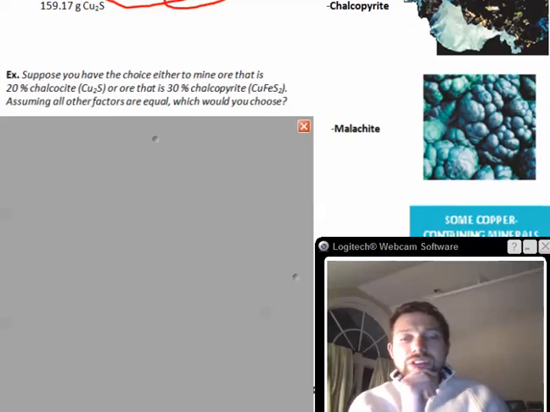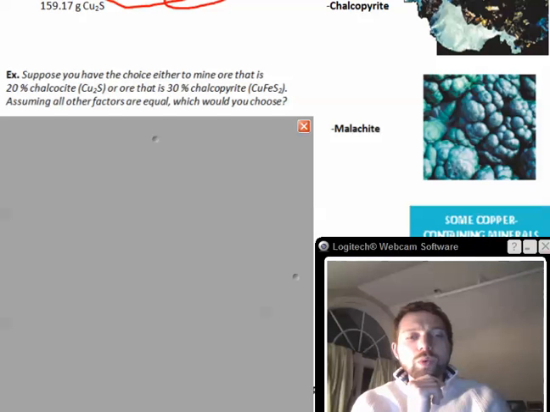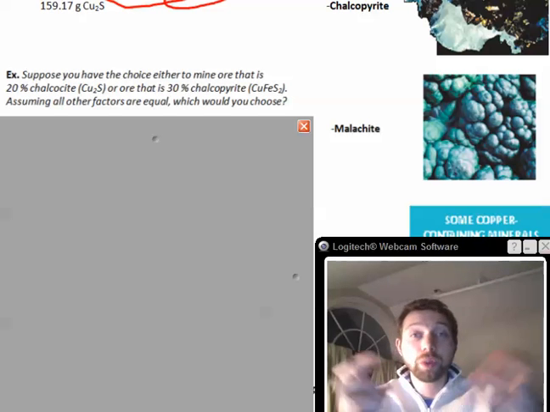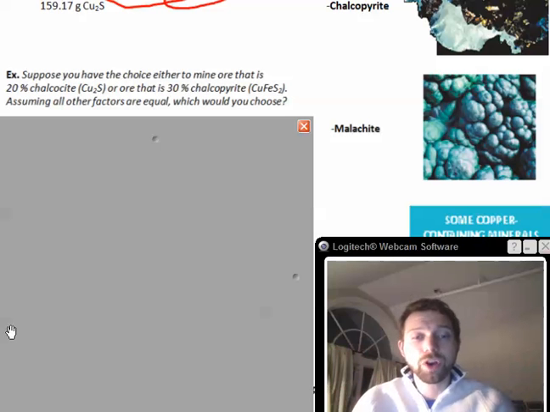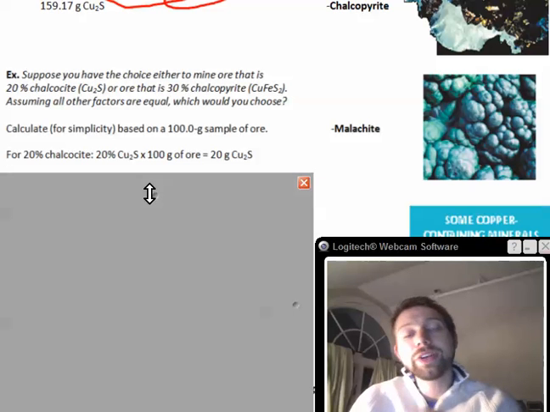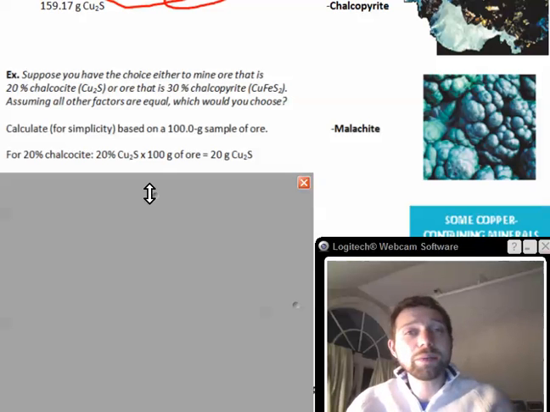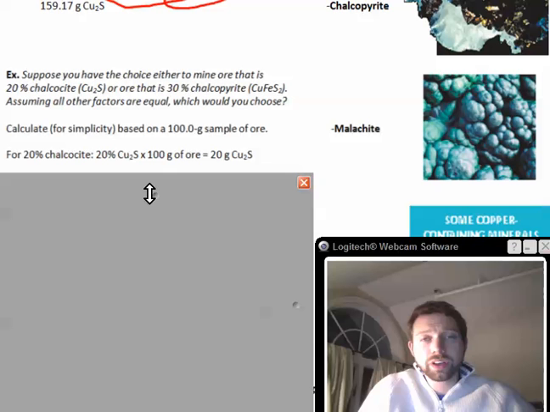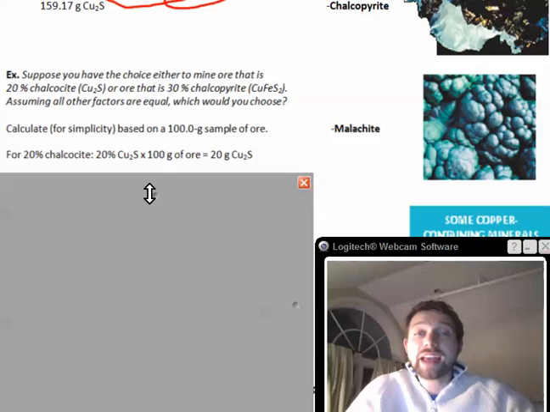Okay? Well, what this is asking you is really how much copper is there to mine in these different options. The more copper will give you the more profit. So what we first have to figure out is that if we use, as an example, 100 grams, 20% of 100 grams of ground would supposedly be this chalcocite.